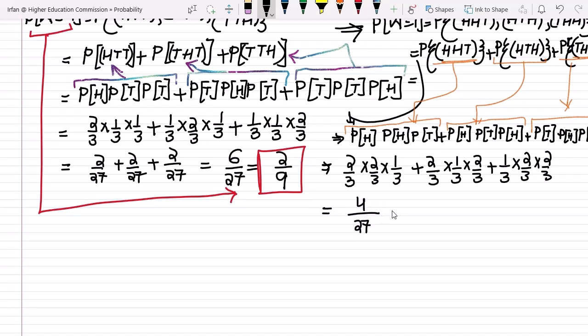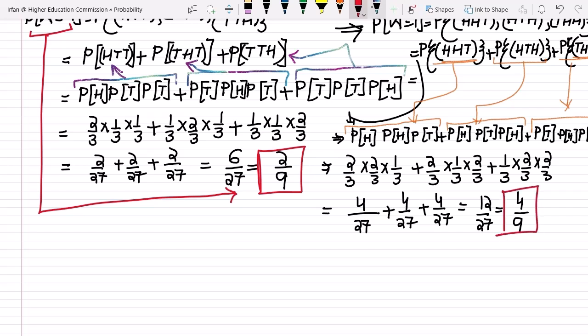So 4 by 27 plus 4 by 27 plus 4 by 27. Ultimately I will get 12 by 27, which is 4 by 9. This is for the probability that W is 1.